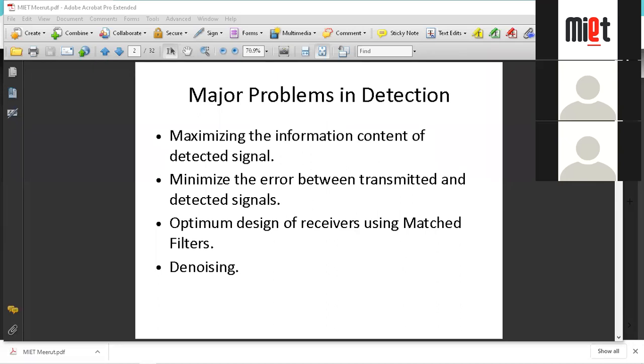But is it possible to have the best possible receiver by using just a matched filter? Or we can say that the matched filter is just a beginning and a lot more is required to actually design the receiver. That is the third question.